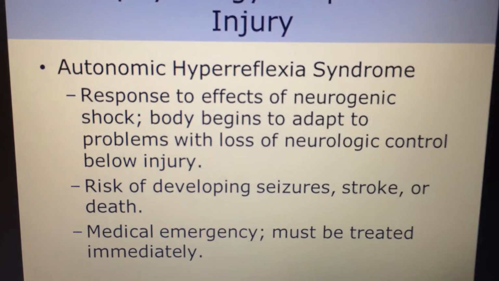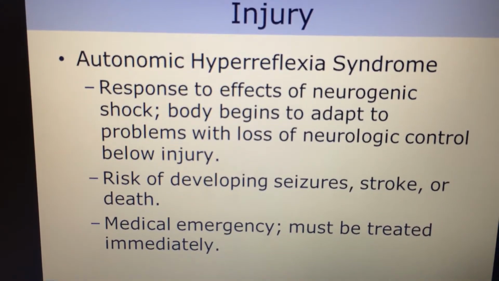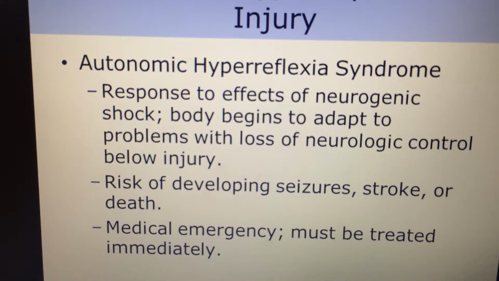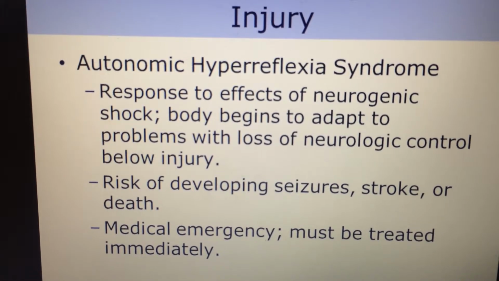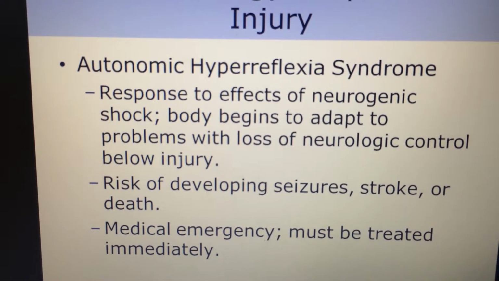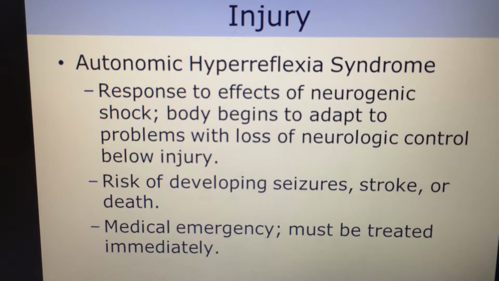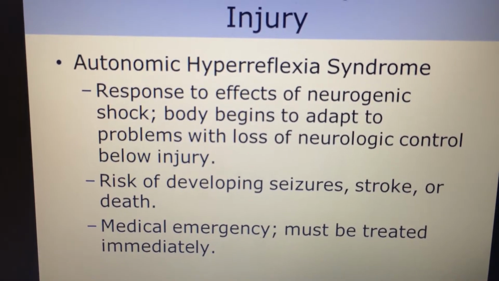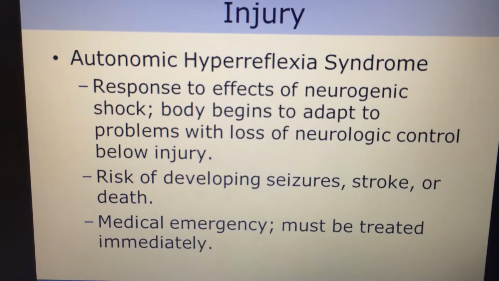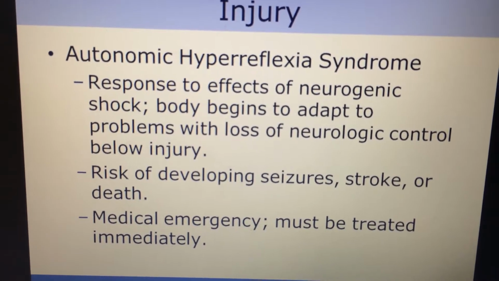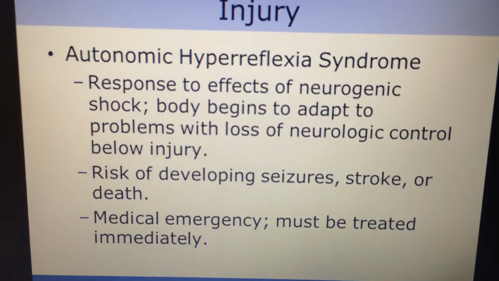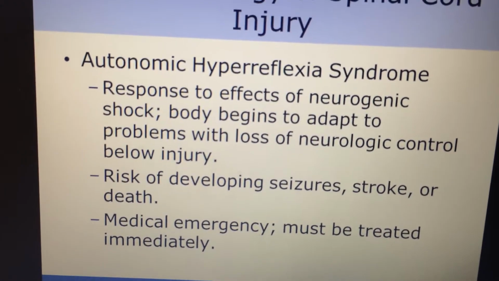Neurogenic shock, again, to go over this, remember what we're dealing with here is that we have a problem with the cord. Normally a transection comes down, so we are not getting a negative feedback on the parasympathetic system is what happens. So instead, anywhere above the injury of the cord, the body is going to try and compensate.